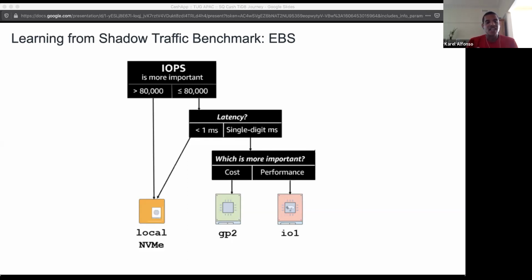We were initially looking at IOPS, and that was a bit of an oversight, but you are also constrained by the bandwidth, the number of bytes per second that you're receiving. So we decided to use IO1 because you have double the bandwidth, and you can provision whatever number of IOPS you require without having to depend on very large volumes.